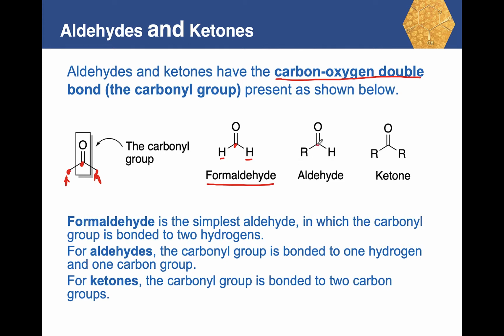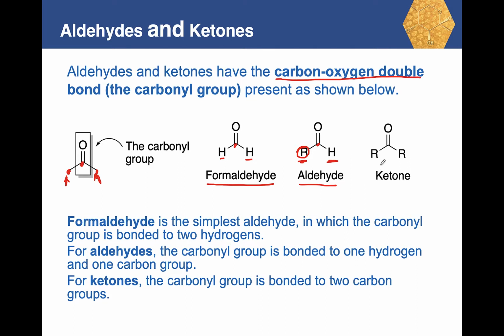Here's a carbonyl again, carbon-oxygen double bond. It has a hydrogen. If this is bonded to a carbon-containing alkyl group that we mention here as R, it's an aldehyde. The key is one group is a hydrogen and the other group is a carbon-containing alkyl group. I'm emphasizing carbon.